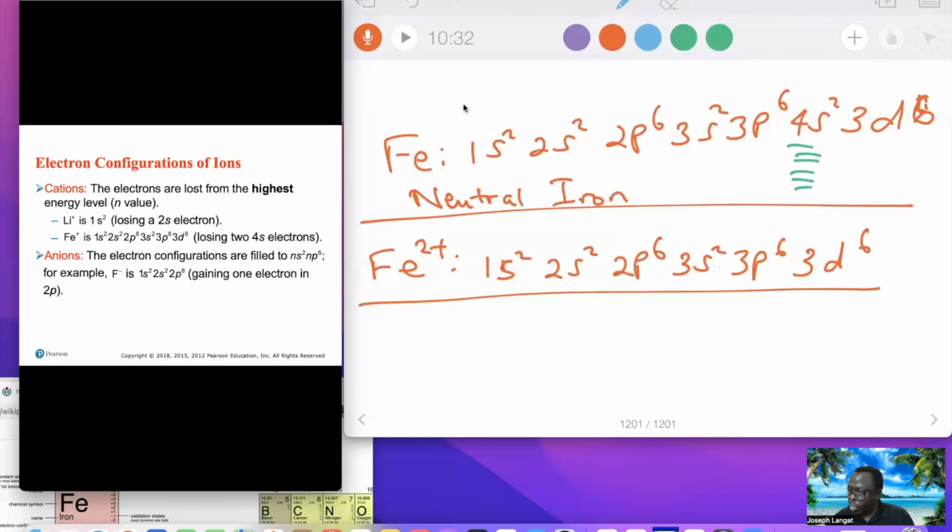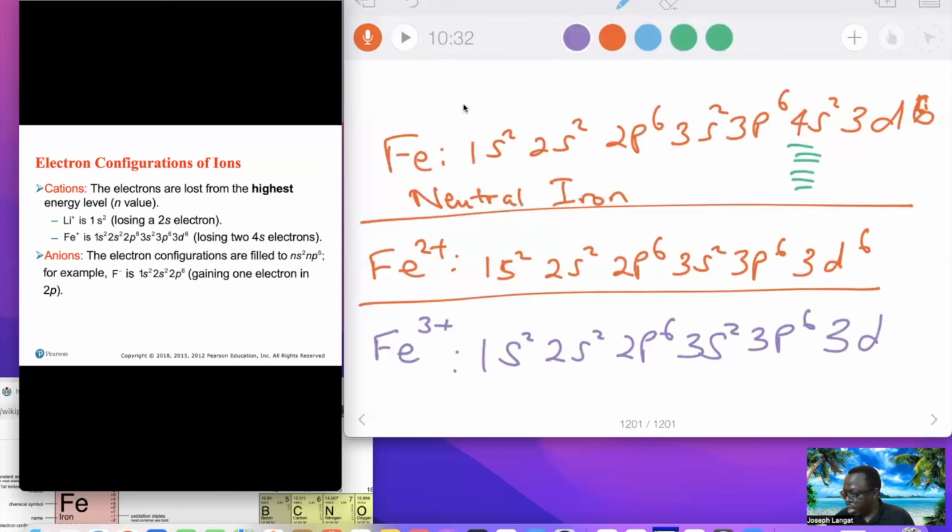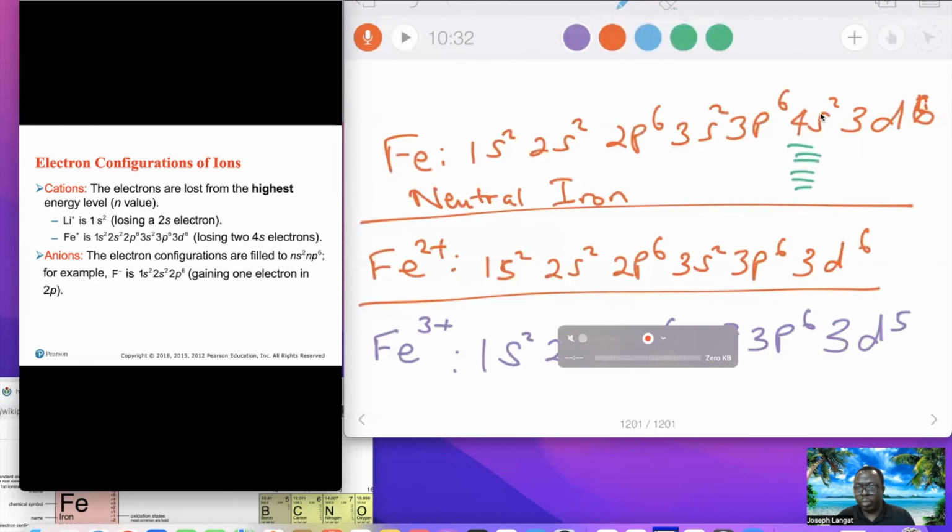So for Fe3+, what is this? It is 1s2, 2s2, 2p6, 3s2, 3p6, and then 3d5. I've removed the 2 electrons, and then I remove the 1 electron. I end up with that.